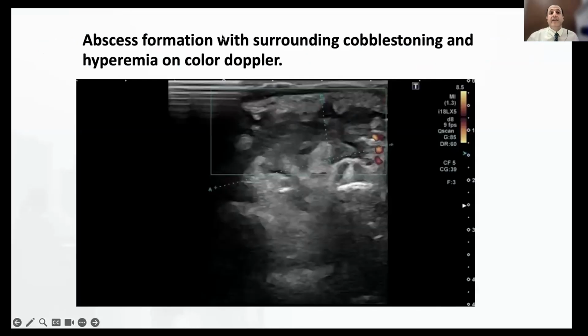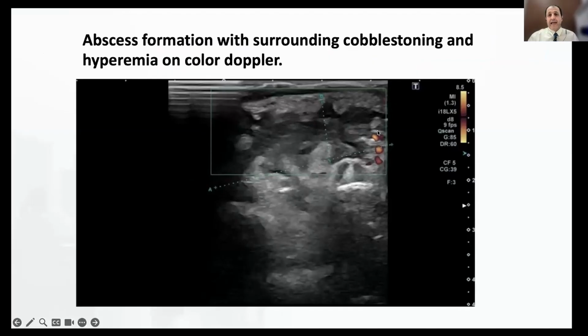And if you see here, there is an abscess with cobblestoning. So if you find a cobblestoning picture in your ultrasound, it doesn't mean there is no abscess. We need to look at other sites also, just to scan all the adjacent areas to make sure there is no abscess.